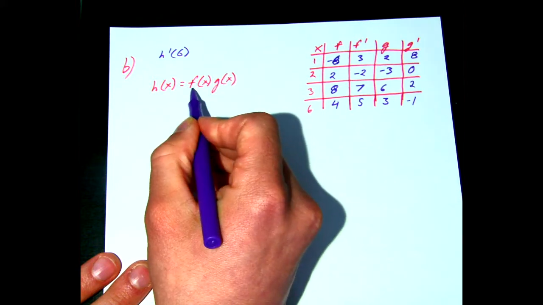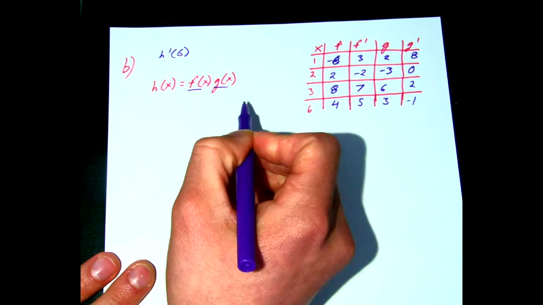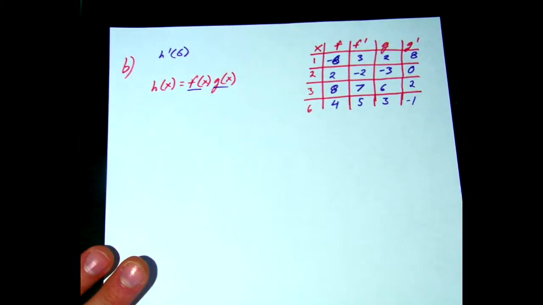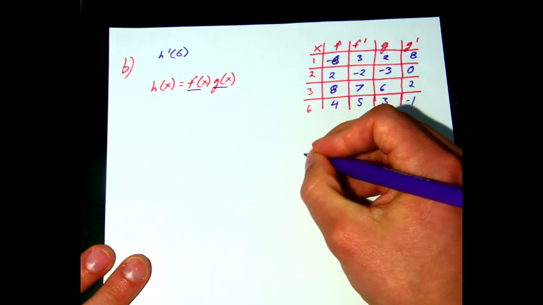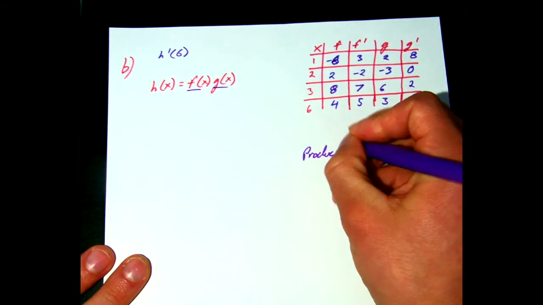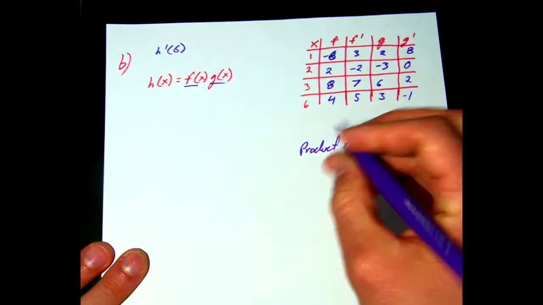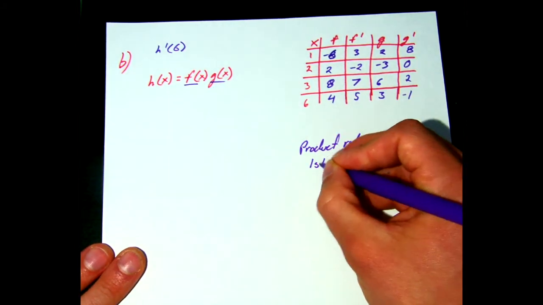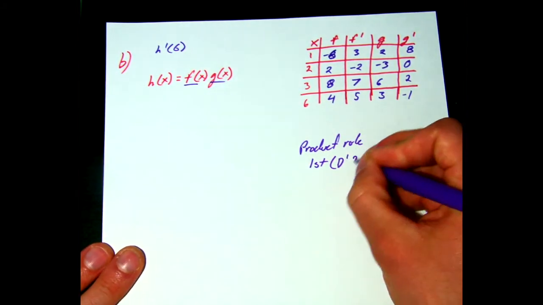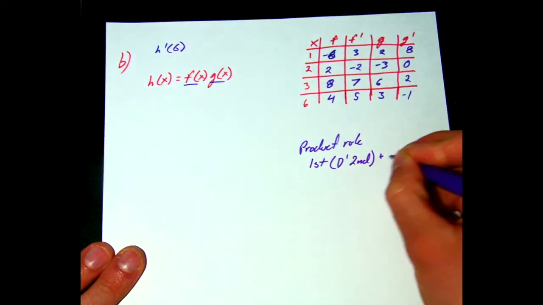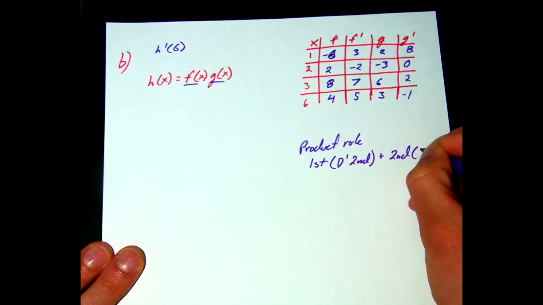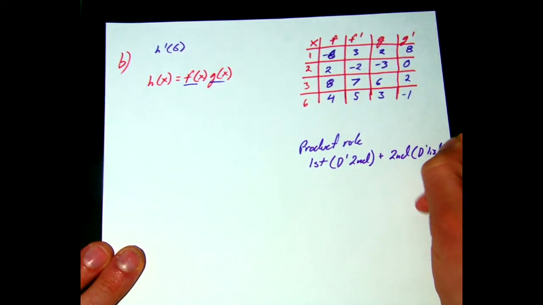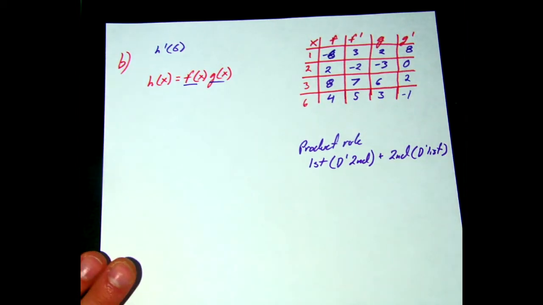And anytime I see something multiplied by something else, I know to use the product rule. A real quick product rule is, I always think of this as first derivative second plus second derivative first. That's a weird way to write first, but you guys see.